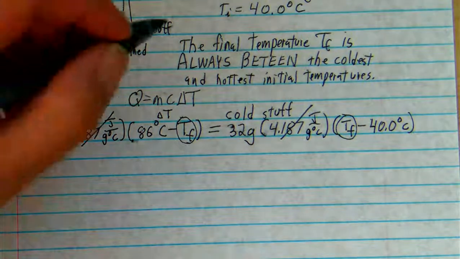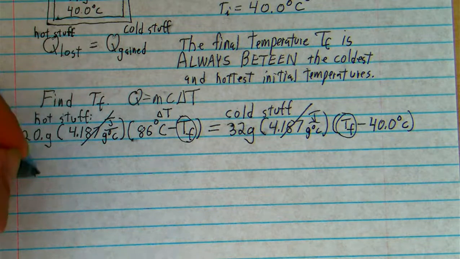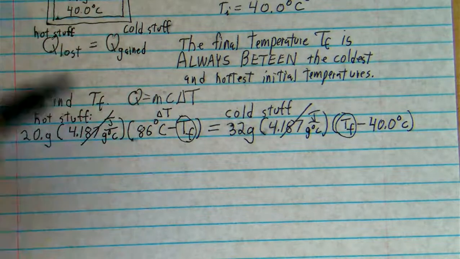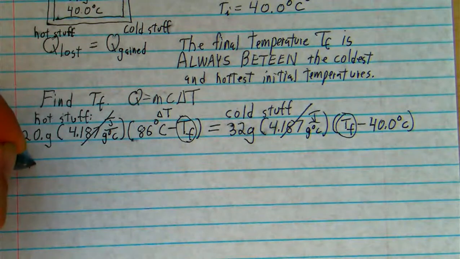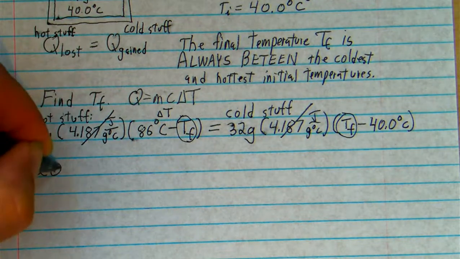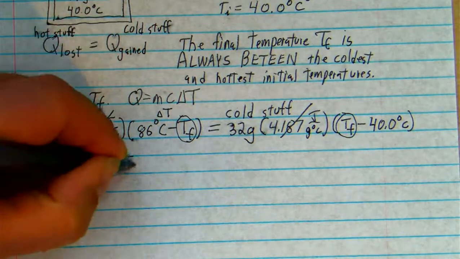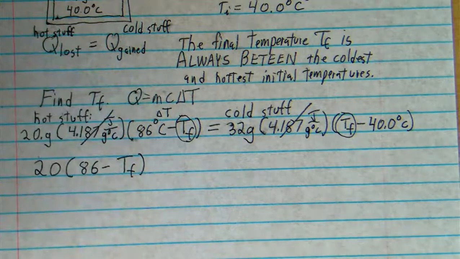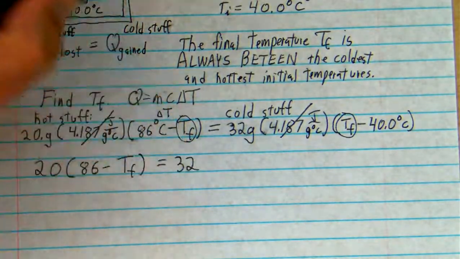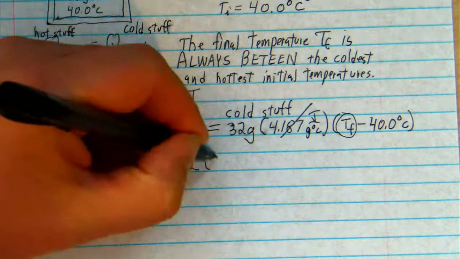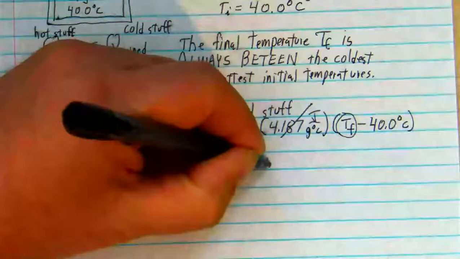All right, now just to write it mathematically so it looks a little bit easier, I'm going to write it without the units so you can see the naked math. Right now it looks like 20 times (86 minus T final) equals 32 times (T final minus 40).